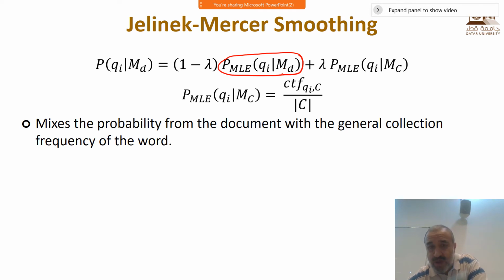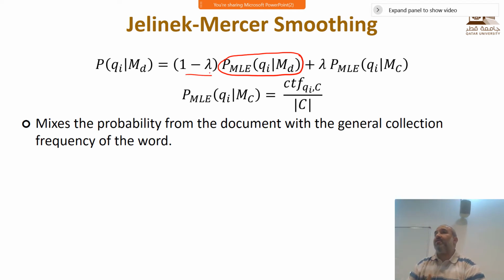Now we will mix that. That's why this model, by the way, is called a mixture model, because it mixes two language models: the language model of the document and the language model of the collection. So the remaining part of the probability will be based on how frequent the word appeared in the collection as a whole. So we multiply the original probability by 1 minus lambda.